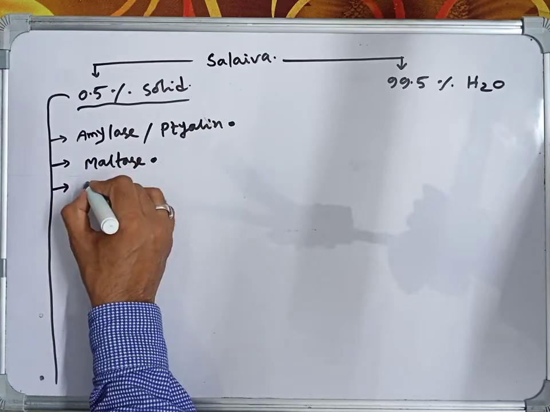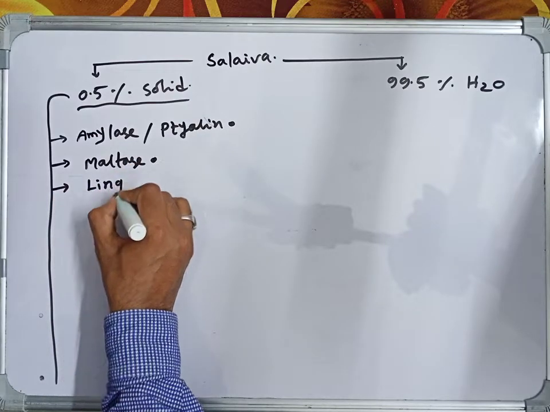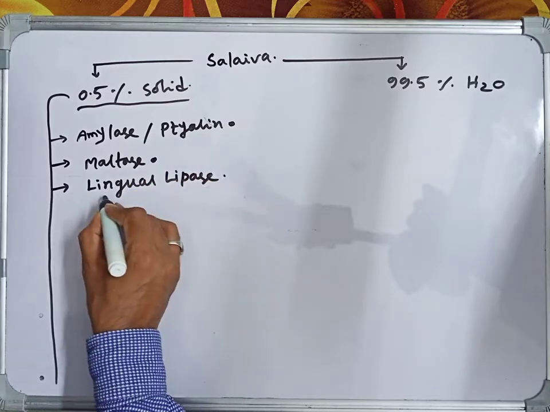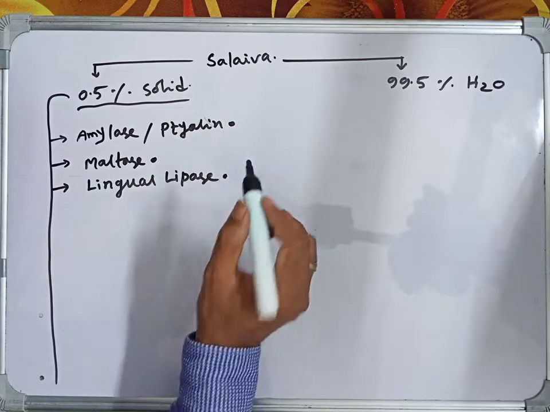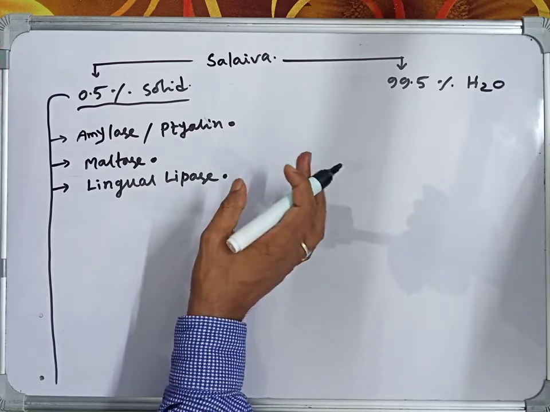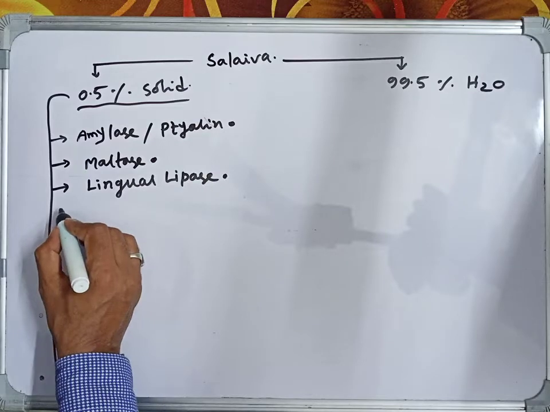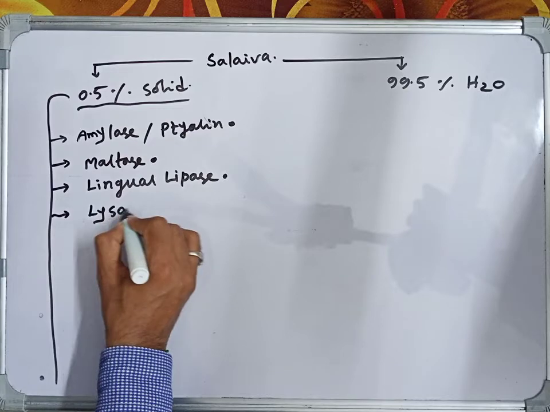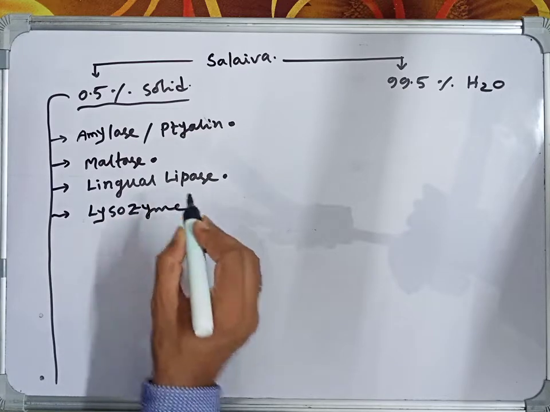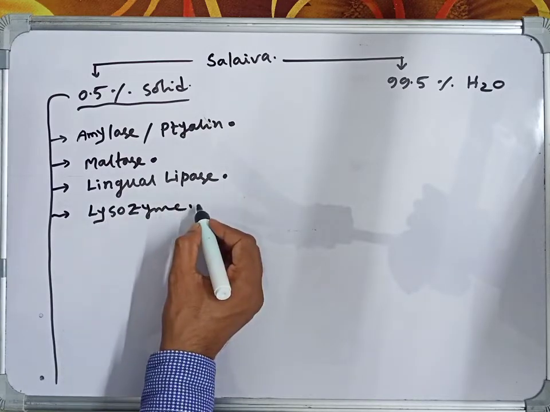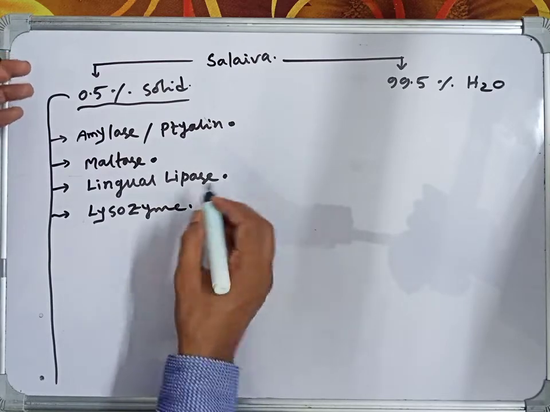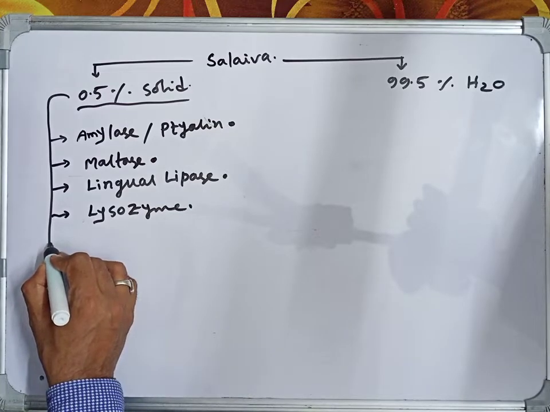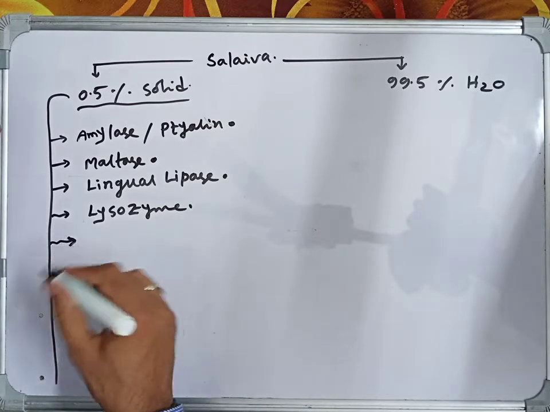The third one is lingual lipase, a lipid digestive enzyme, which has a very negligible effect on fat digestion in the mouth. The next enzyme is lysozyme, which inhibits bacterial growth by killing microorganisms and bacteria, by creating a hole in the bacterial cell wall.